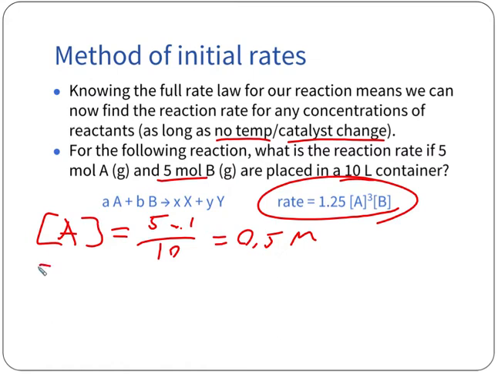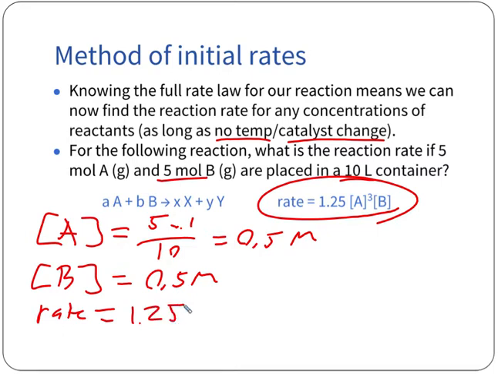So concentration of B is going to be the same thing, also 0.5 molar. So now we're going to put it into the rate law. So the rate law says the rate is going to be equal to 1.25 times the concentration of A, 0.5 to the third power, times the concentration of B, which is also 0.5 to the first power.